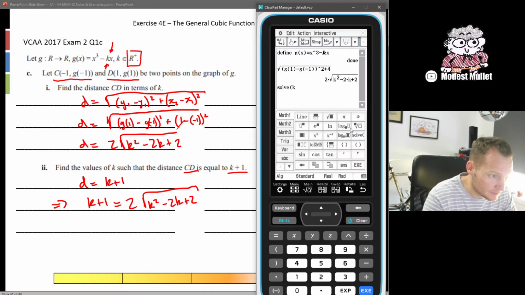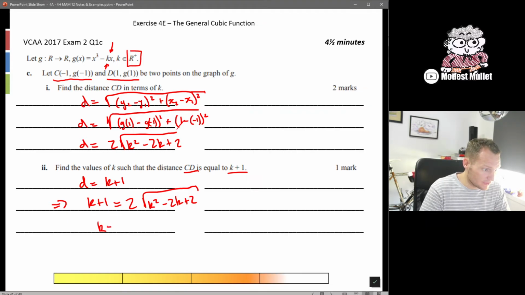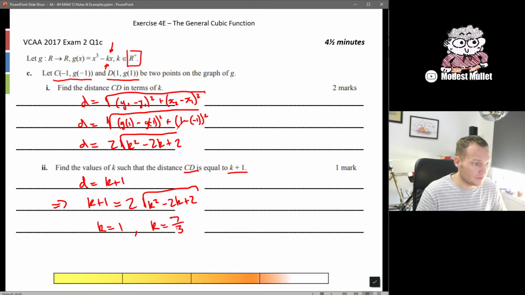Solve k plus 1 is equal to, we just highlight above, drag it down, okay, and we're wanting to figure out what k is, so comma k, and we get k equals 1 and k equals 7 on 3. So that's that bit.